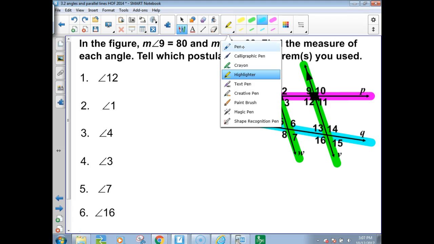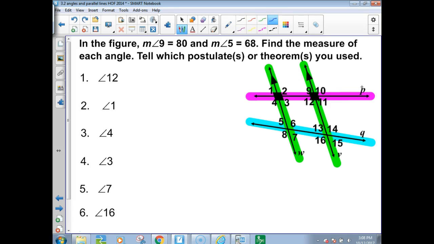So before you left yesterday, I said I'd like you to try these. I told you if angle 9 is 80, find the rest of those angles up there, or whatever ones they ask here, and give a reason. I hope everybody's here because this paper is important. The measure of angle 12 would be, it's adjacent to the 9, and they form a line.